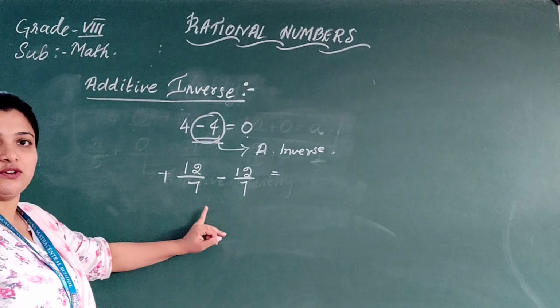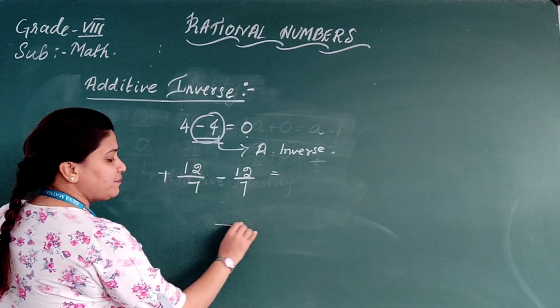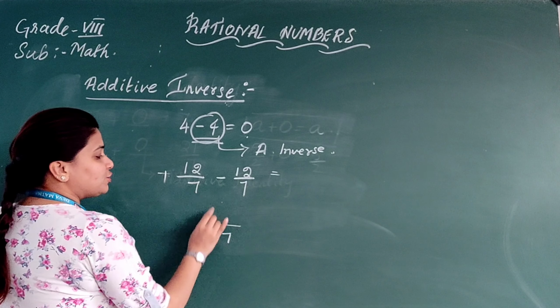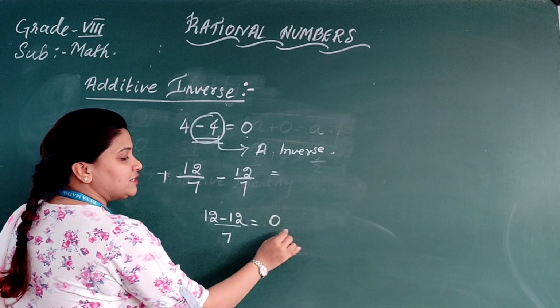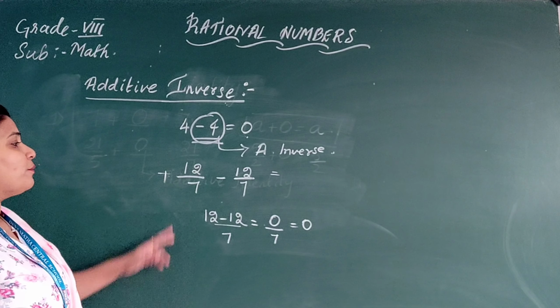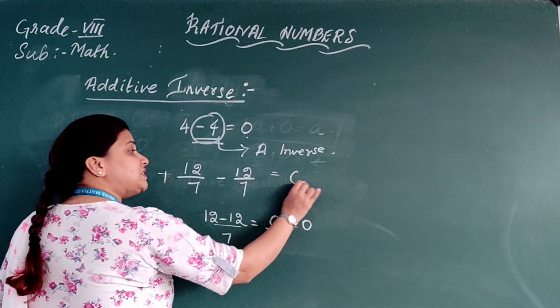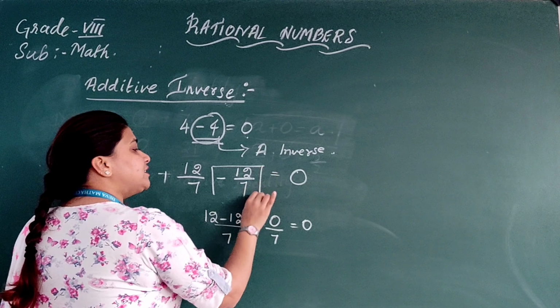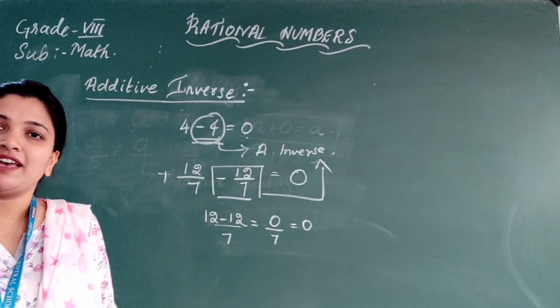When I solve these two numbers, what will I get? Denominators are same, so write the denominator as it is. So 12 minus 12 is nothing but 0 by 7. It is nothing but 0, correct? So therefore, plus 12 by 7 minus 12 by 7 gives me 0. So this minus 12 by 7 is called the additive inverse.